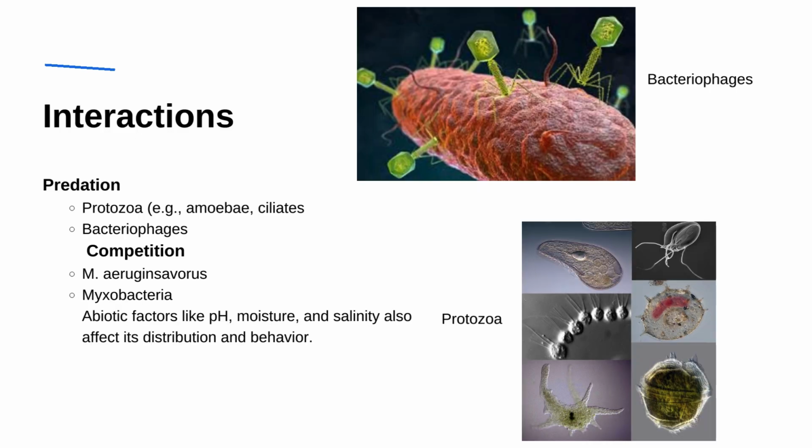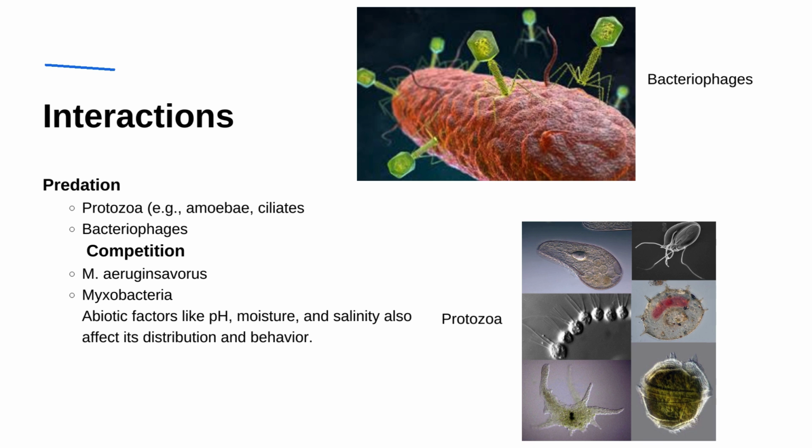The interactions that Bdellovibrio comes into contact with are, of course, other predatory organisms that also eat gram-negative bacteria. Here are two that are big competitors to Bdellovibrio: protozoa as well as bacteriophages. Both of these competitors do the same thing that Bdellovibrio does, which is that they also eat other bacteria.